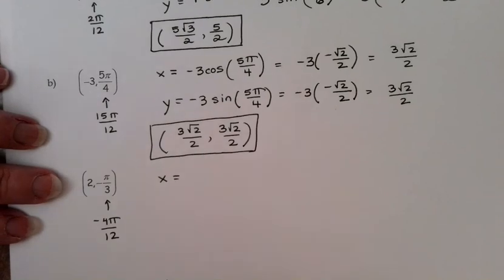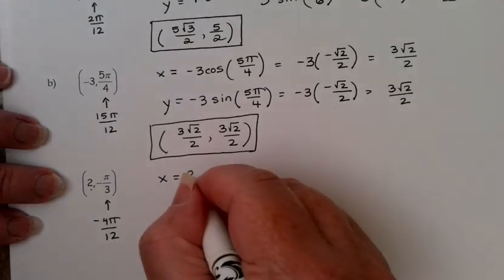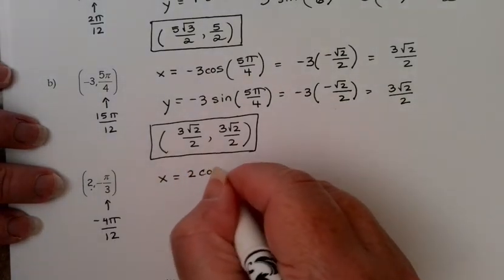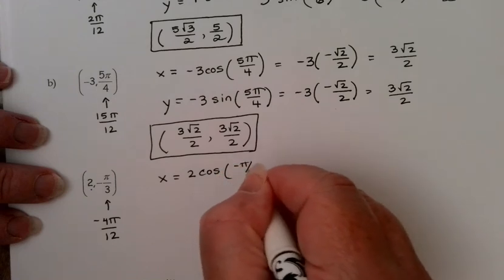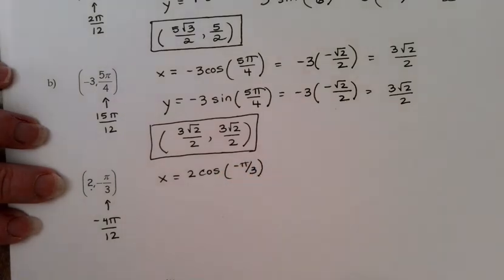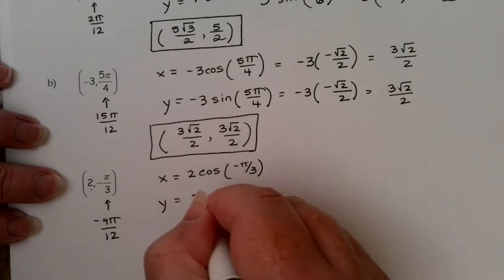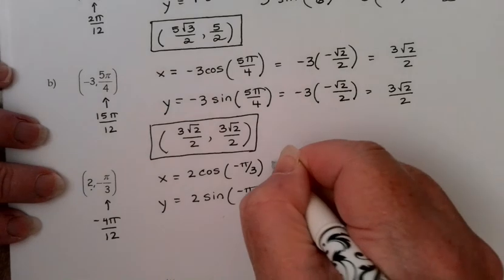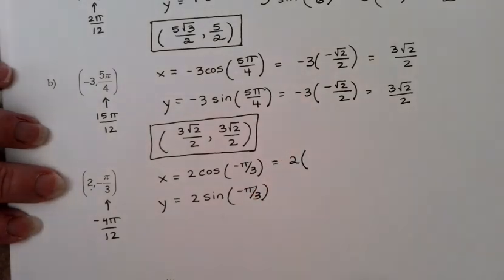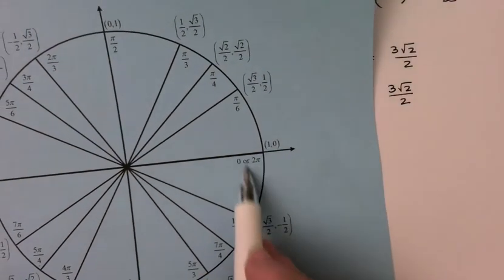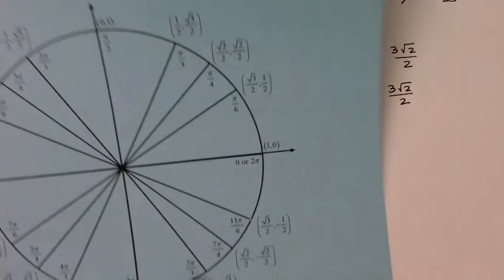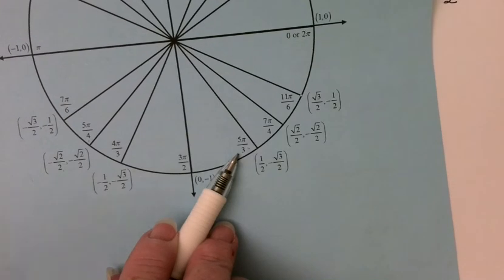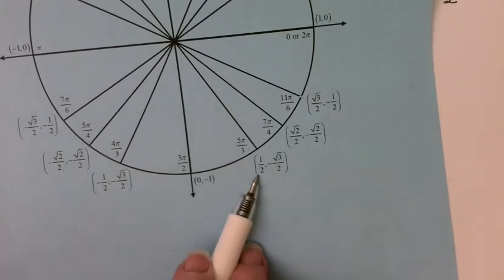So converting, x would be 2 cosine negative pi thirds, and y would be 2 sine negative pi thirds. Let's see, negative pi thirds would be down here, same as 5 pi thirds. So the cosine is 1/2.